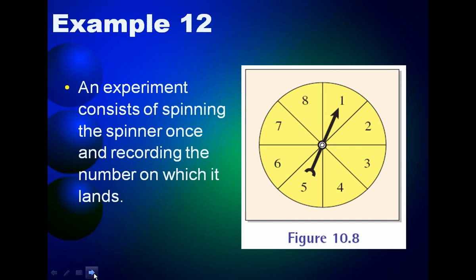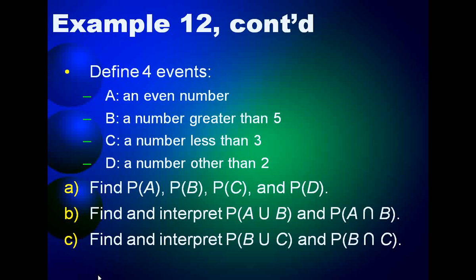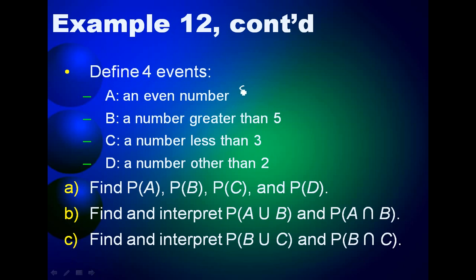Alright, we have an experiment that consists of spinning the spinner once and recording the number on which it lands. So we have the numbers 1 through 8. They're all the same size, so they're equally likely. So, define the 4 events. An even number would be 2, 4, 6, or 8.